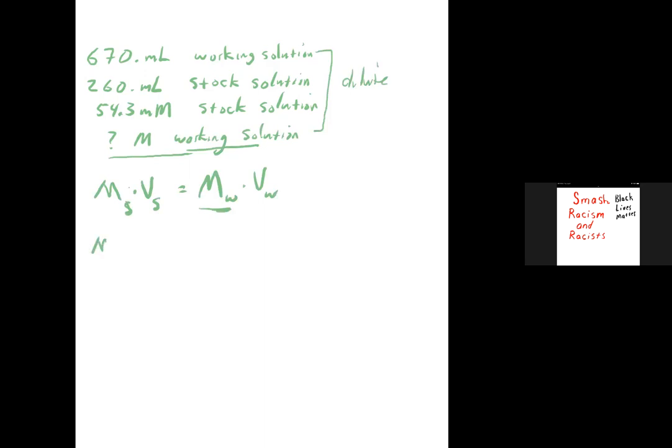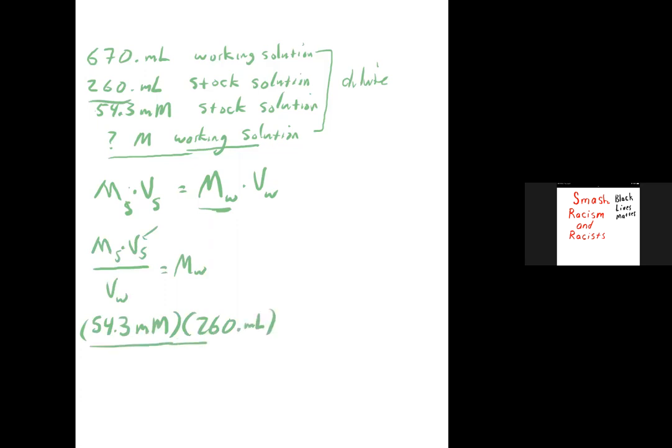So that means you just got to divide both sides by the volume. So let's just put our numbers in. Our stock solution is 54.3. Our volume of the stock is 260. And then our volume of the working solution is 670.